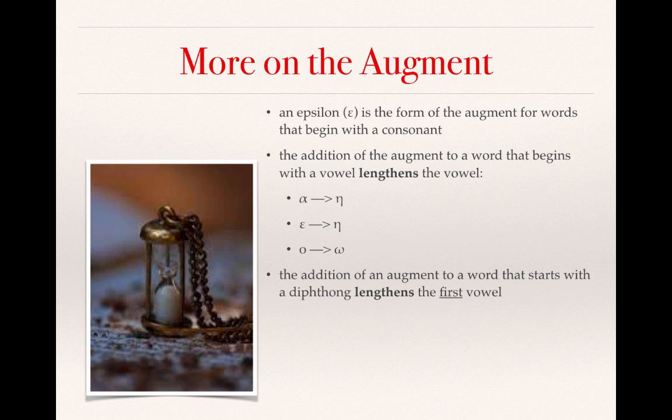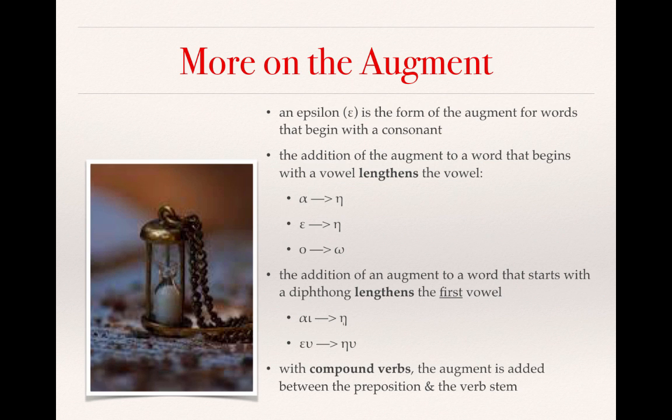And in this case, the first of those 2 vowels in the diphthong would be lengthened. So ai would become an eta with an iota subscript under it. Au would become eta with an upsilon. And then with compound verbs, verbs that have a preposition before the verb, the augment is added between the preposition and the verb stem.